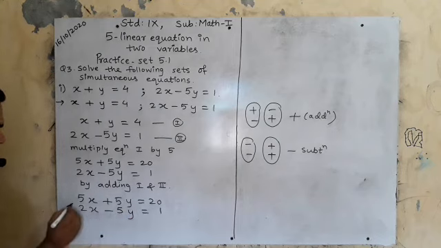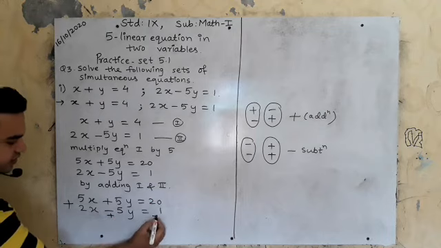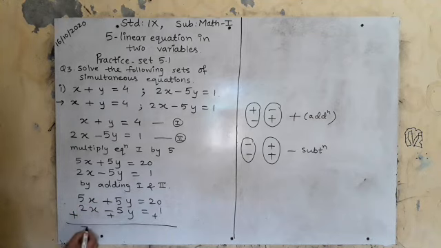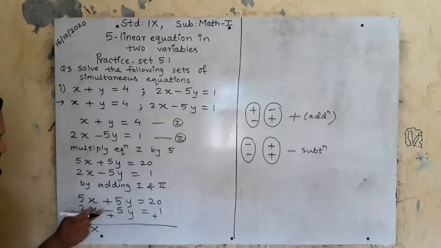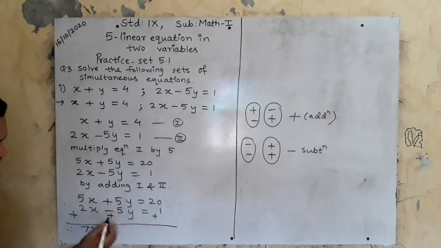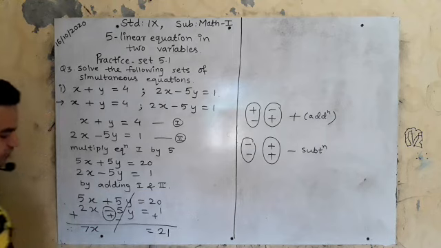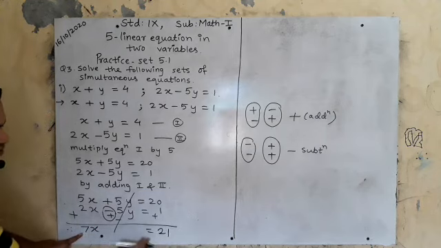You will add. 5x and 2x, you add, 7x, right? Plus and minus, the sign will be minus only. So plus 5y minus 5y will get cancelled. And the answer here: 20 plus 1, 21. So 7x is equals to 21.